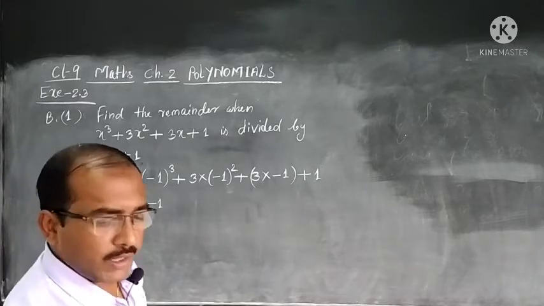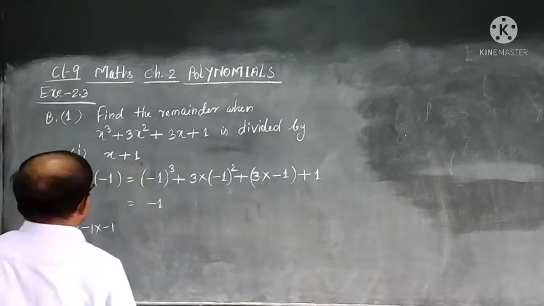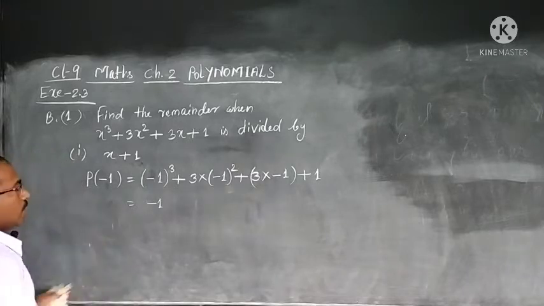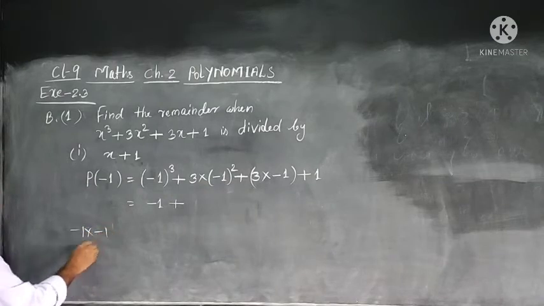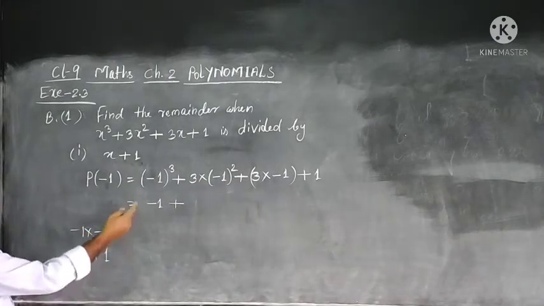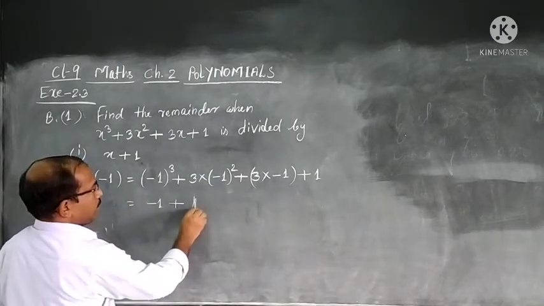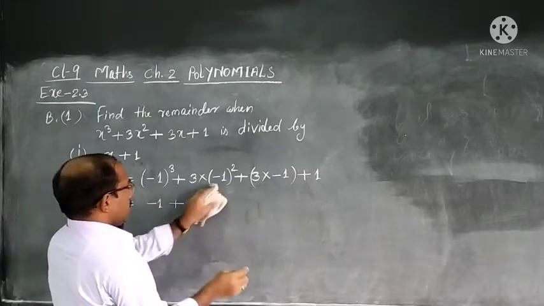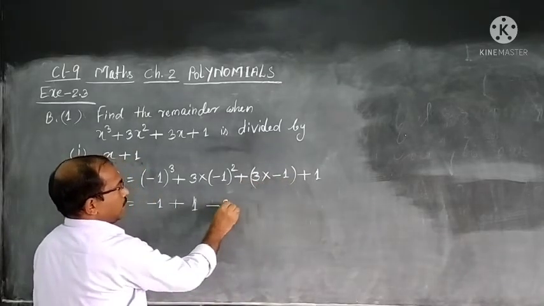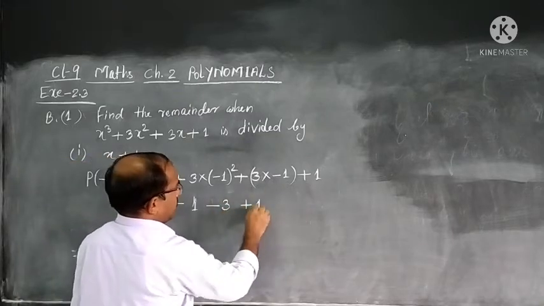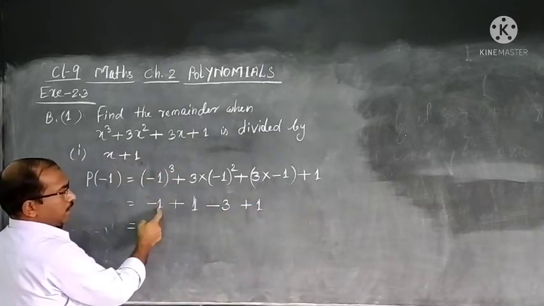Then next, 3 into minus 1 square: minus 1 into minus 1 will be plus 1, so plus 3. Next is plus 3 into minus 1, so minus 3.